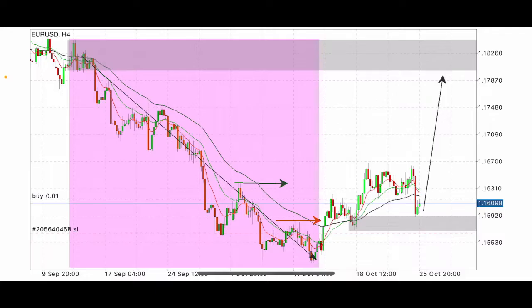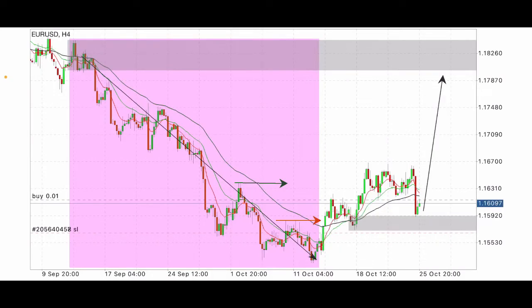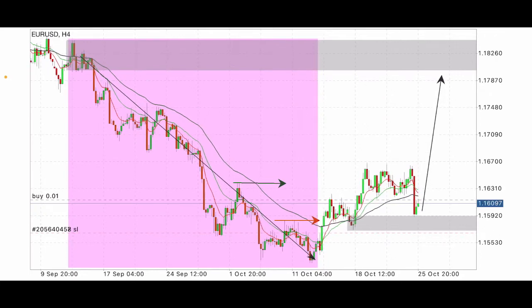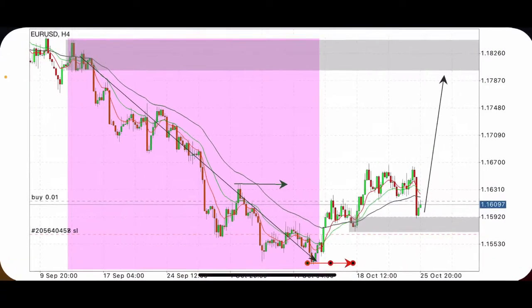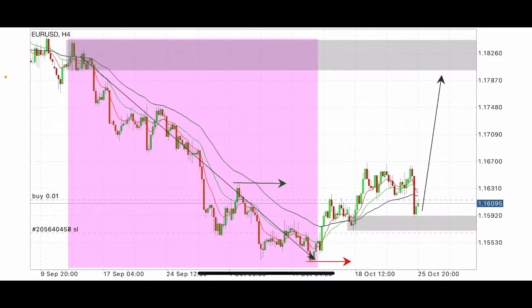Right, so price failed to break that last lower high that price formed as it was going down in the downtrend, right? So what happened from there? Actually, price failed to break this low right here at the red arrow.